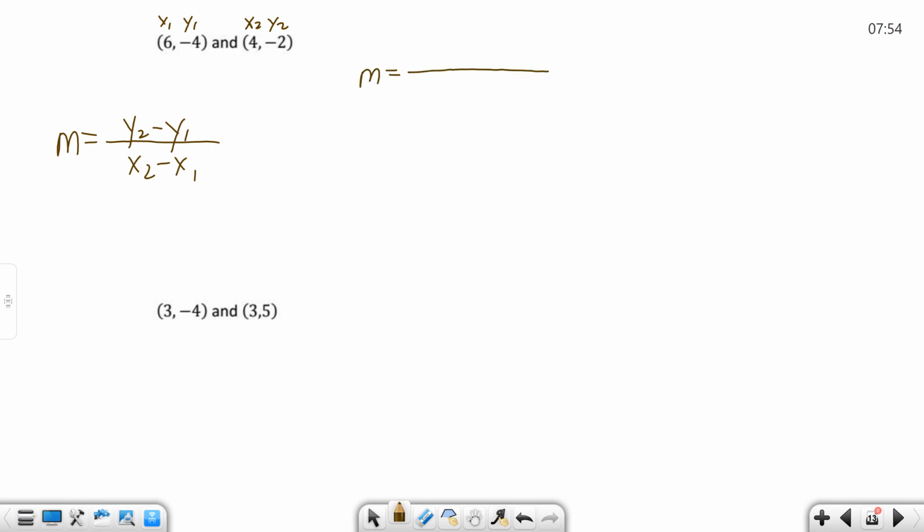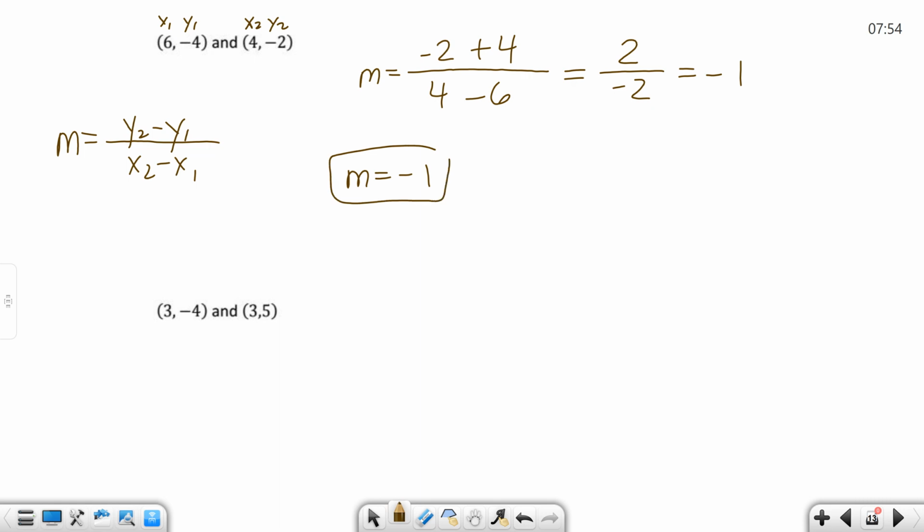My slope is negative 2 minus a negative 4, which is plus 4, over x2, which is 4 minus 6. Negative 2 plus 4 is 2. 4 minus 6 is negative 2. Is that right? So that's what? Negative 1. So my slope is negative 1.